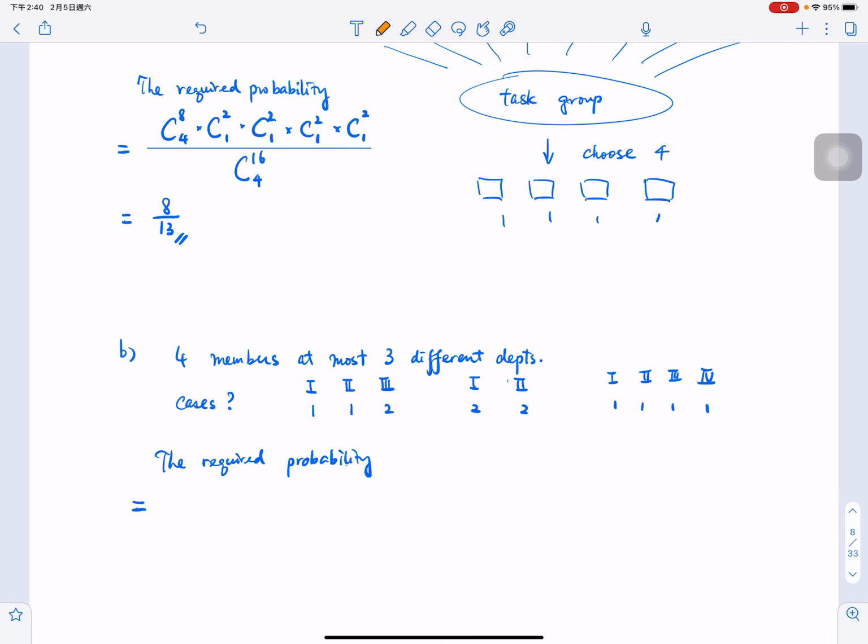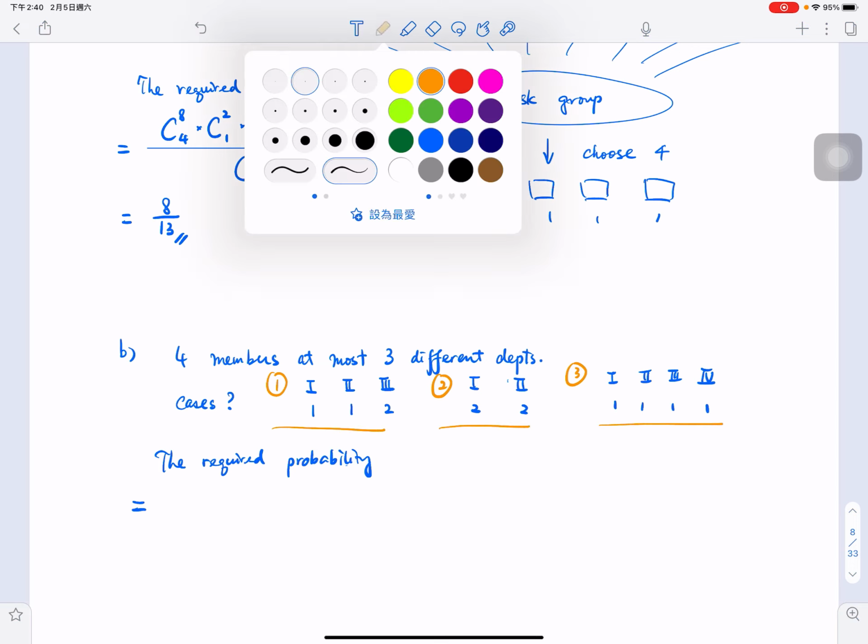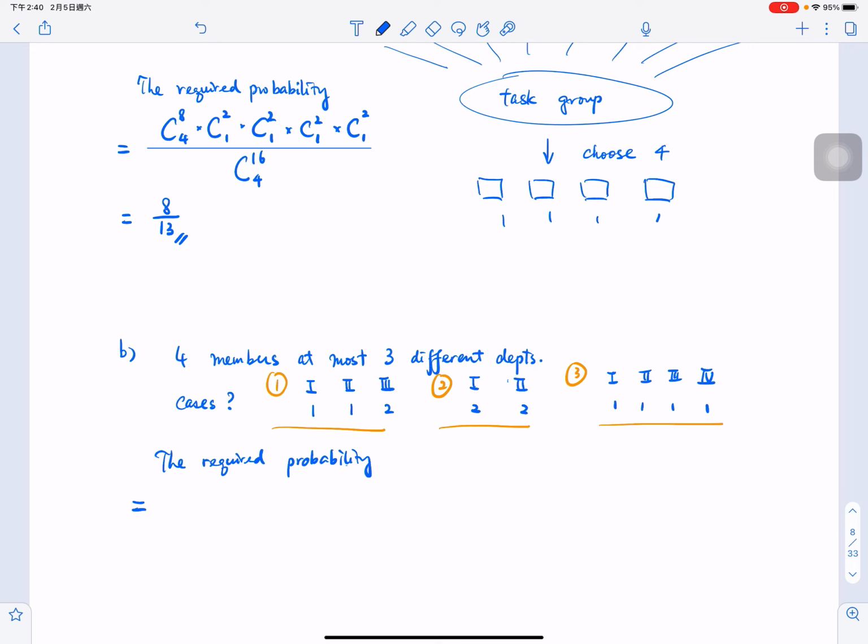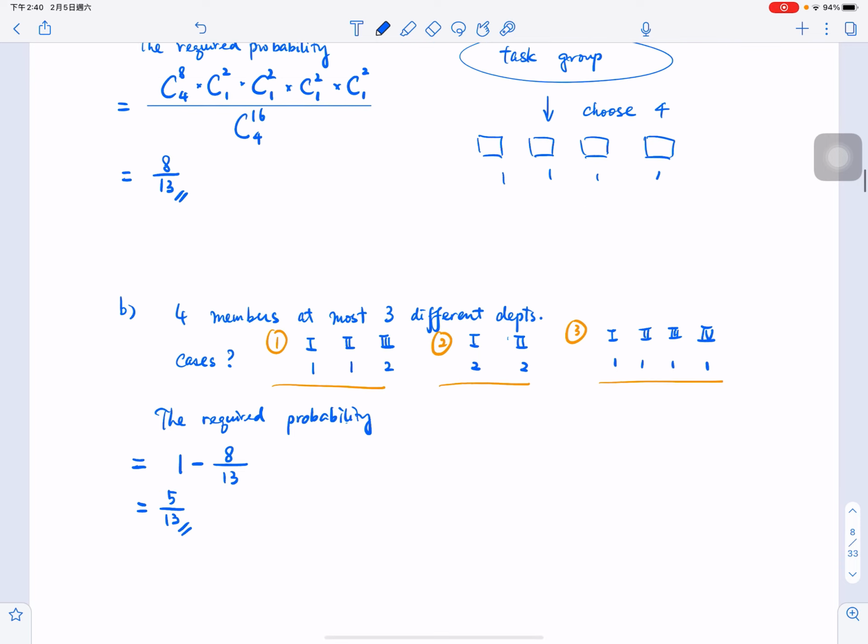So you found the first, second, and third different cases, right? So here you can use the complement: 1 minus 8 over 13. Then you can get it. 5 over 13 is the answer. Okay?